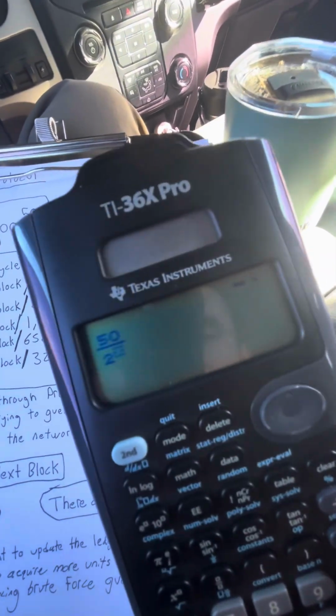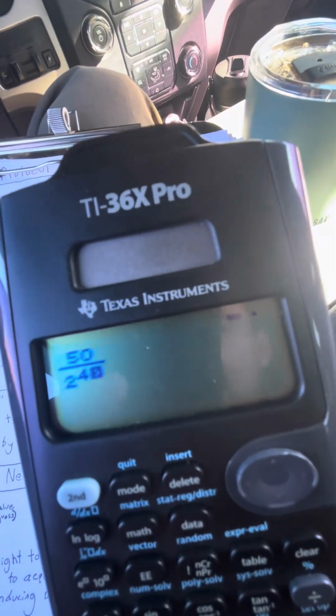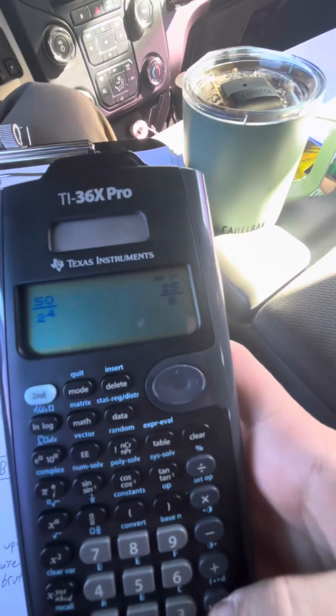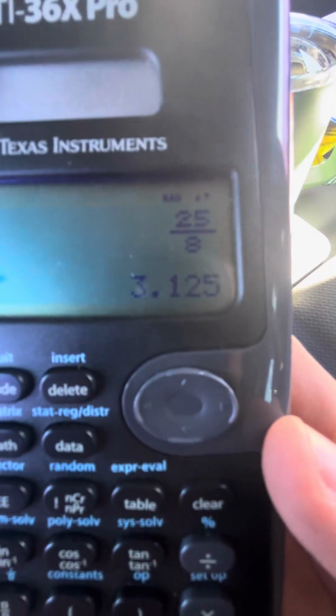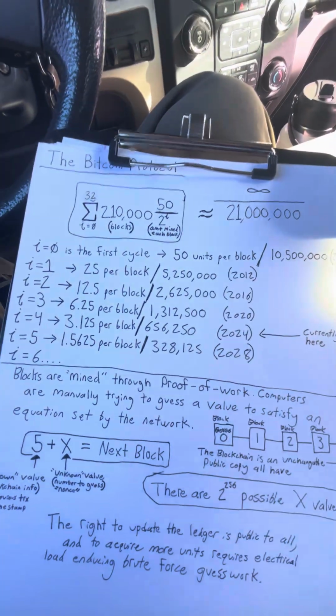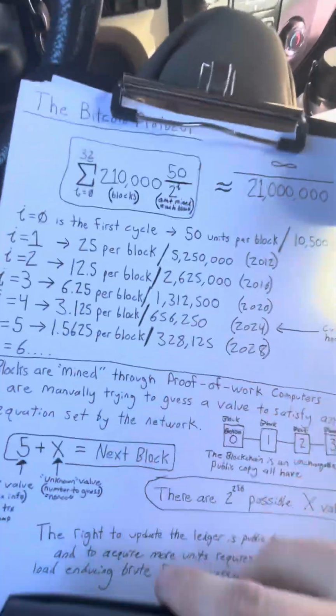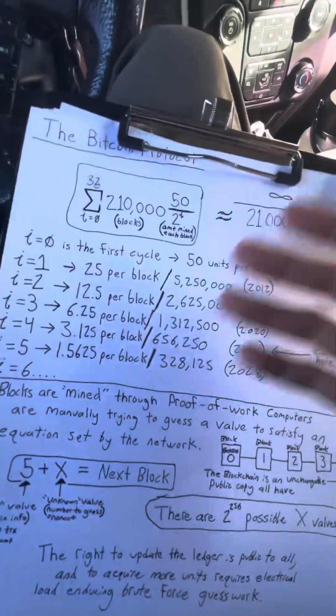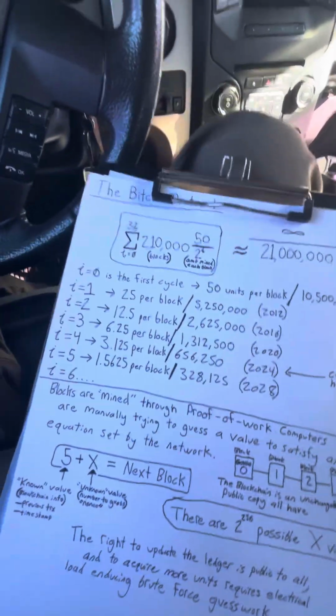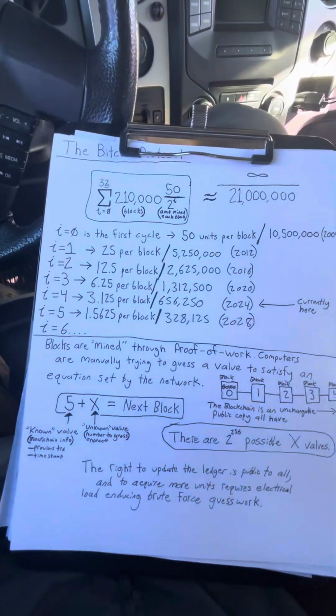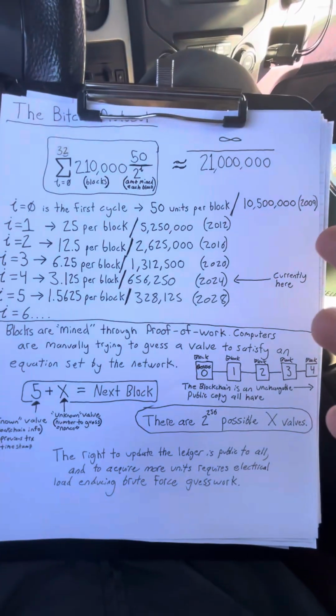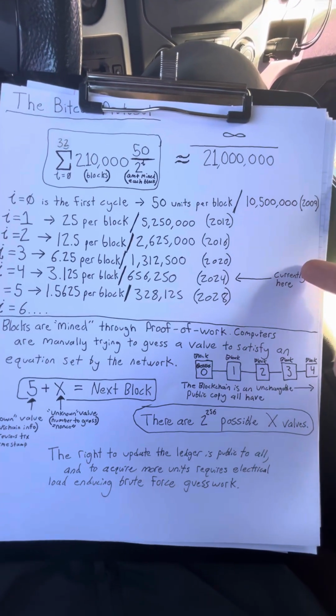So i equals 4, 50 over 2 to the 4th power, 25 over 8 as a decimal, 3.125. No cheat codes, guys. This is the thing. This is why it's so amazing to me as someone who loves numbers, is you can't manipulate this.